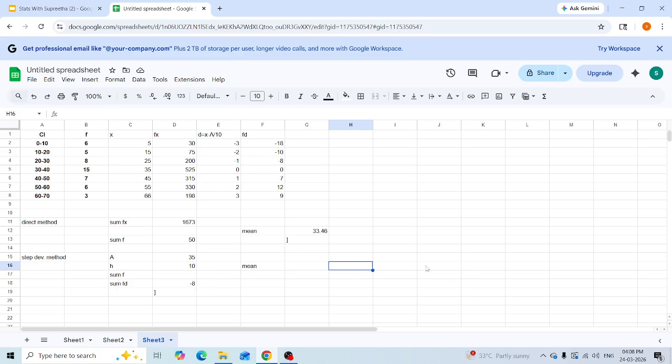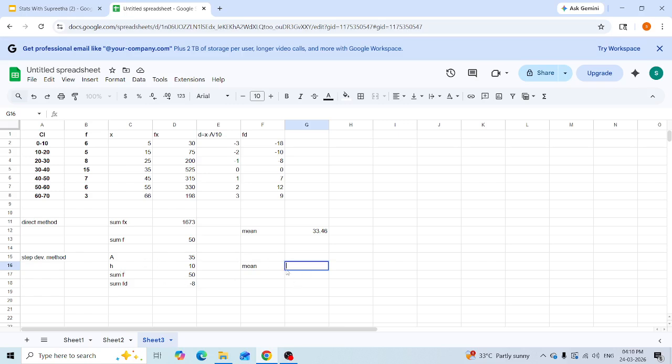Sum of fd is minus 8 divided by sum of f, that is 50, which is equal to... okay. Now multiply it with h. Okay, let us calculate the mean.